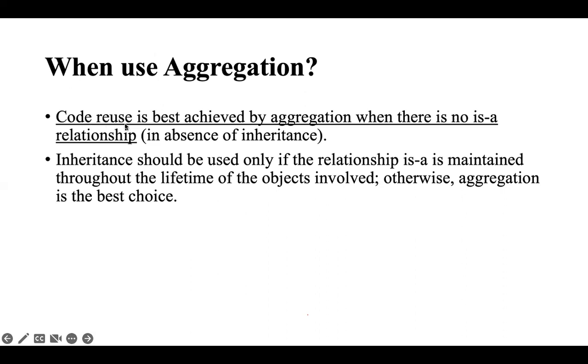Code reuse is best achieved by aggregation when there is no is-a relationship. So if you don't have the option of inheritance, and you want to reuse the code of some class, then this is the situation where you use aggregation.